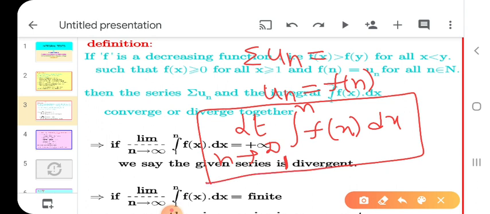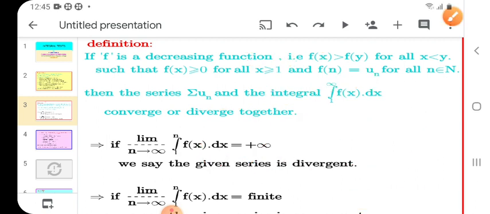First write un equals f of n. After that we write the function in x terms, f of x. Next we find the integral from 1 to n only, not 1 to infinity. This integral from 1 to n of f of x dx is the integral of the sequence of partial sums. Next we find the limit as n tends to infinity. If it is finite, we say convergent, otherwise it is divergent. This is the procedure.